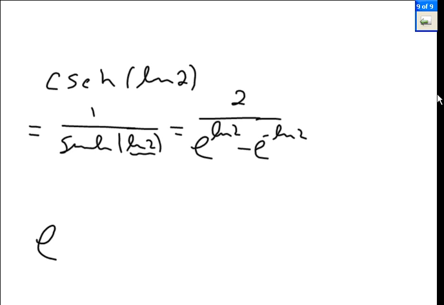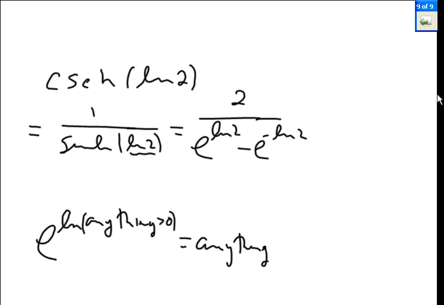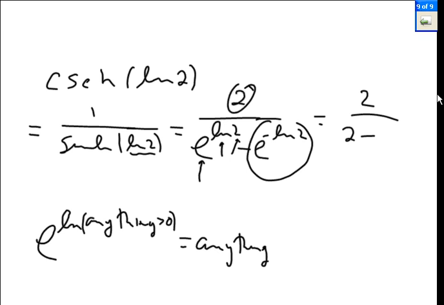Now what you have to recall from trigonometry is that e to the ln of anything, so long as the anything is positive, because you can't take ln of 0 or negative, is just anything. So that's a 2, of course. Here we have e to the ln of 2. Well, that's 2. Minus, over here, we do not have e to the ln of something.